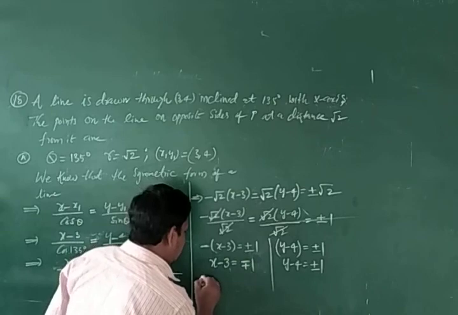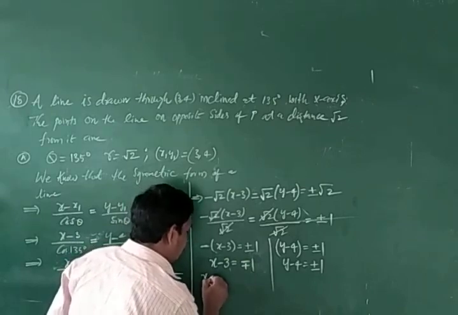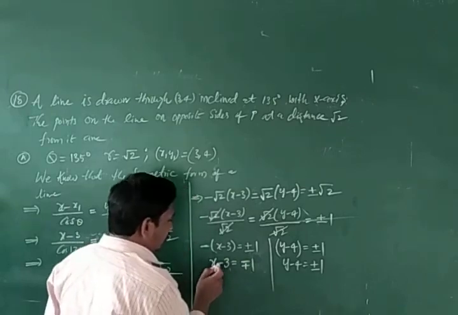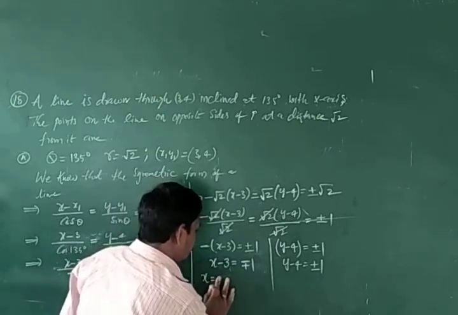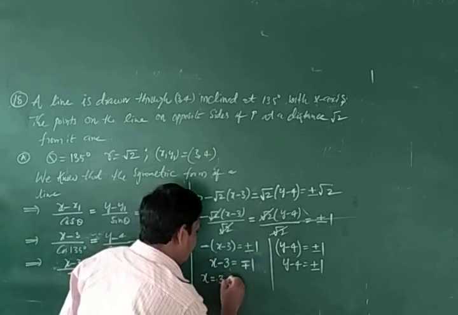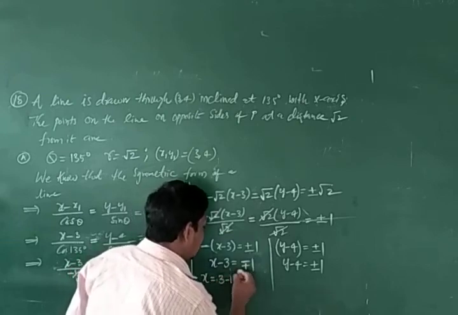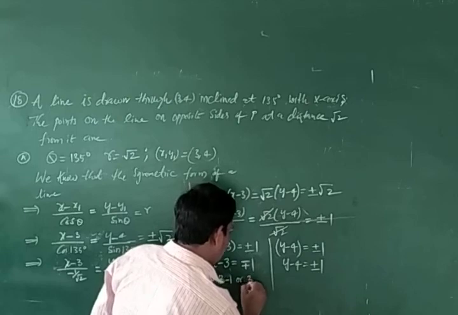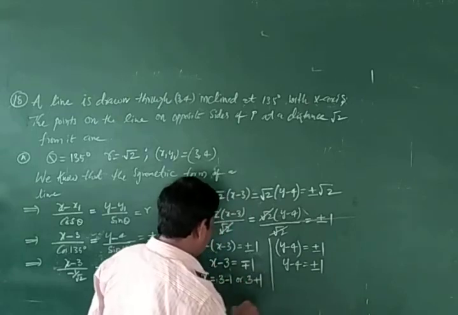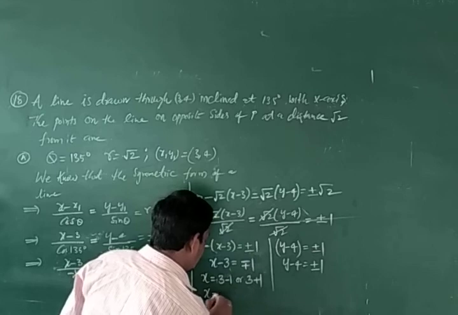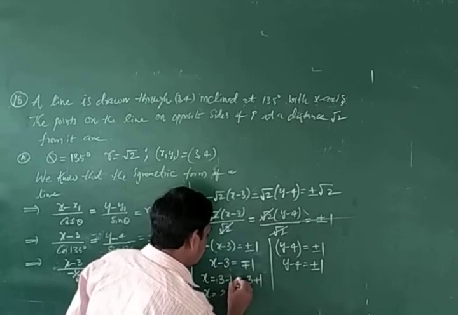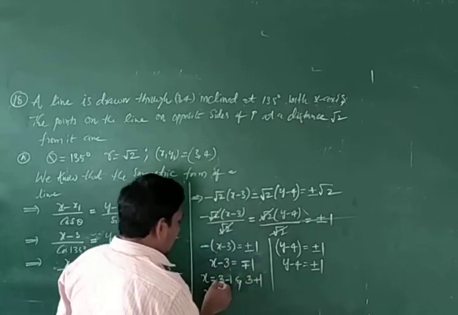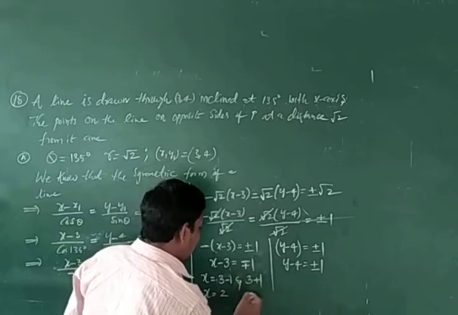Okay, then x equal to 3 minus 1 or 3 plus 1. That means x equal to 2 or 4. 3 minus 1 is 2, 3 plus 1 is 4.